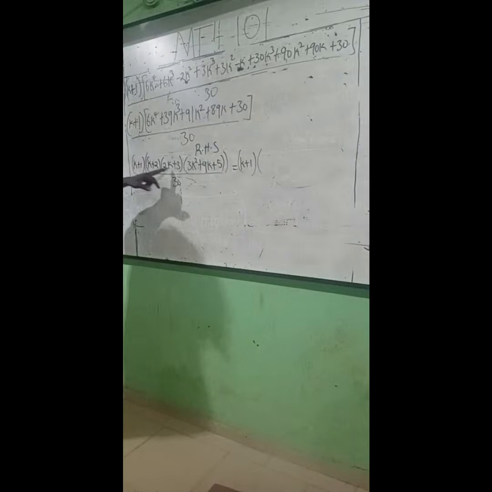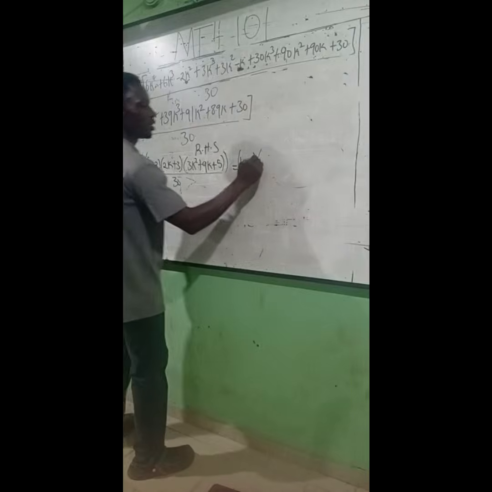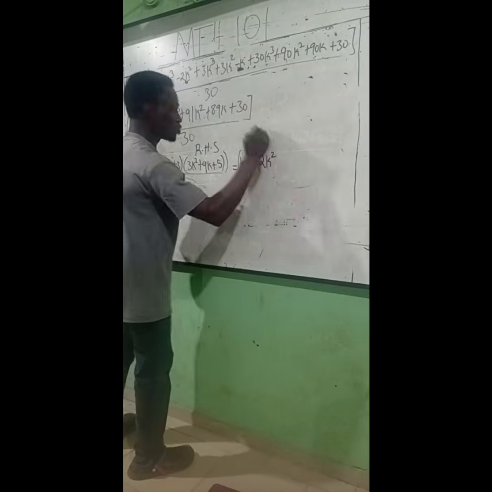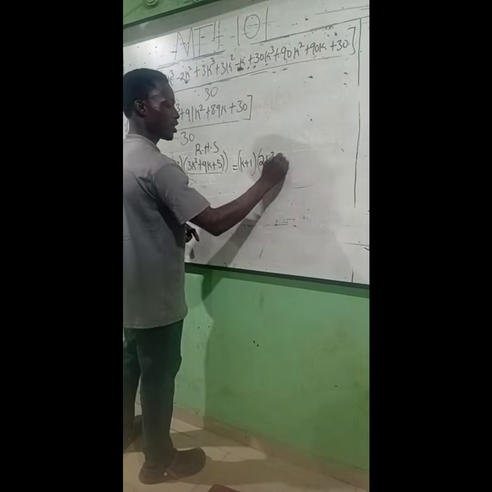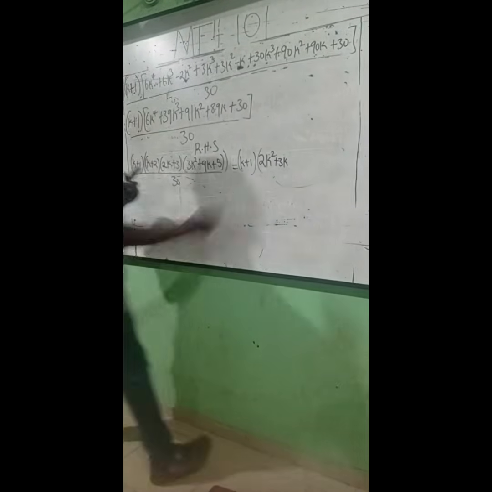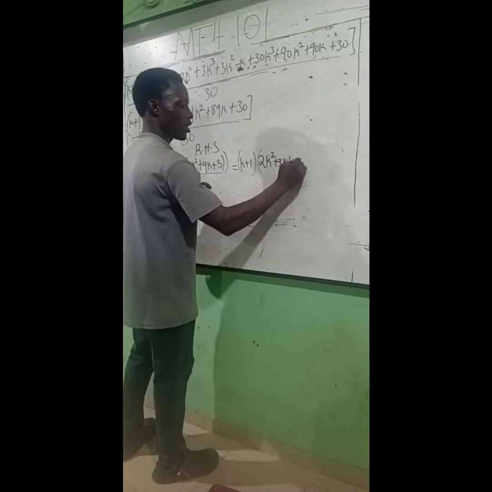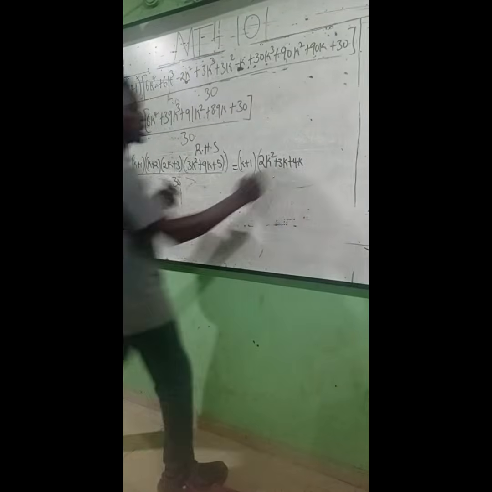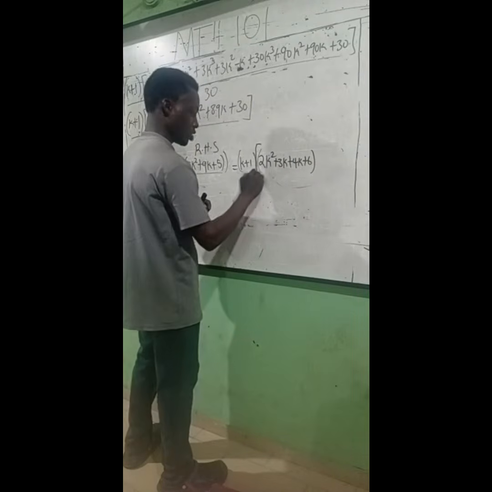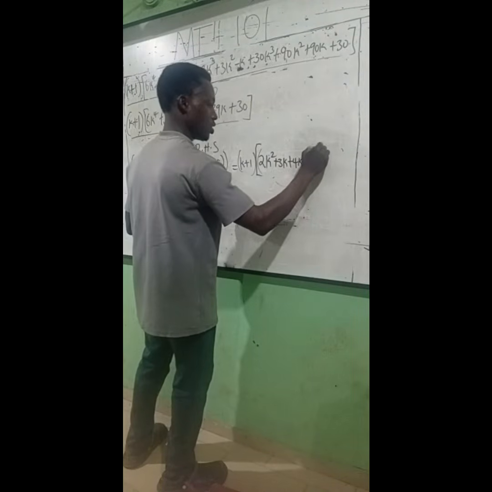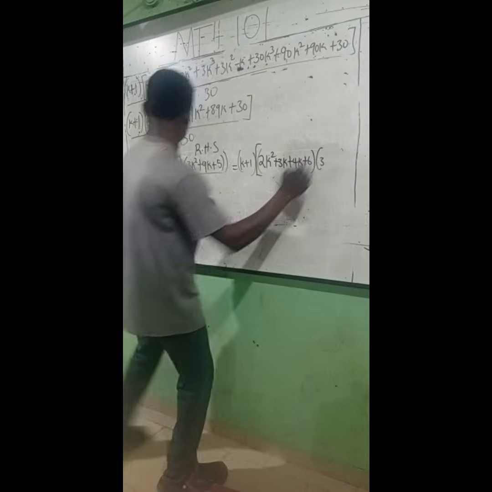K times 2k, 2k squared. K times 3. 2 times 2k. 2 times 3. Are we done?